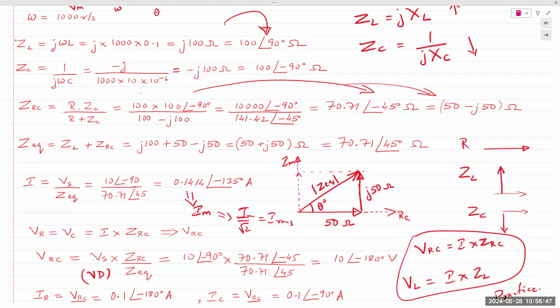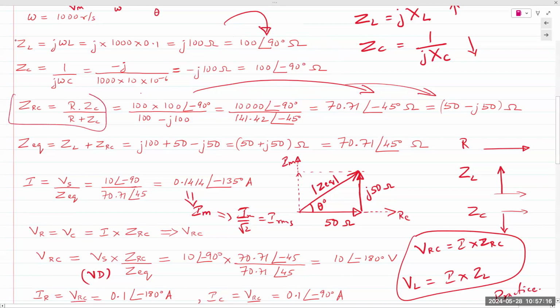ZC is 1 over omega C with the angle of minus 90. 1 over j omega C. 1 over j is minus j, which is minus 90. Chapter 5, Eli the Iceman. Okay, these are standard expressions, standard equations. So once we have those, we have the values for the inductor and the capacitor impedance.